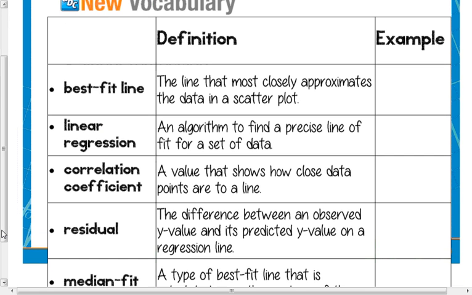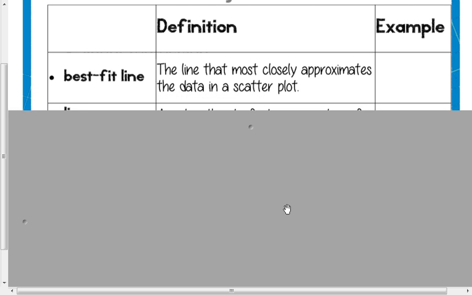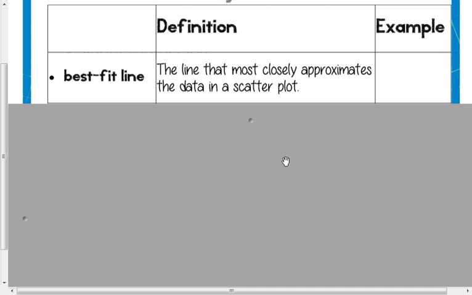Here's our vocabulary. First one is the best fit line. The line that most closely approximates the data in a scatter plot.